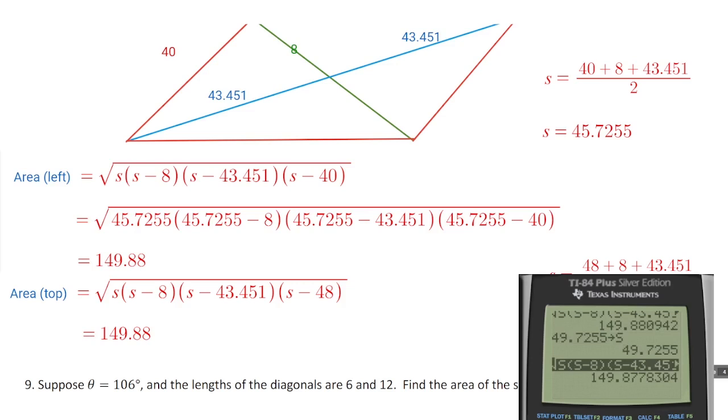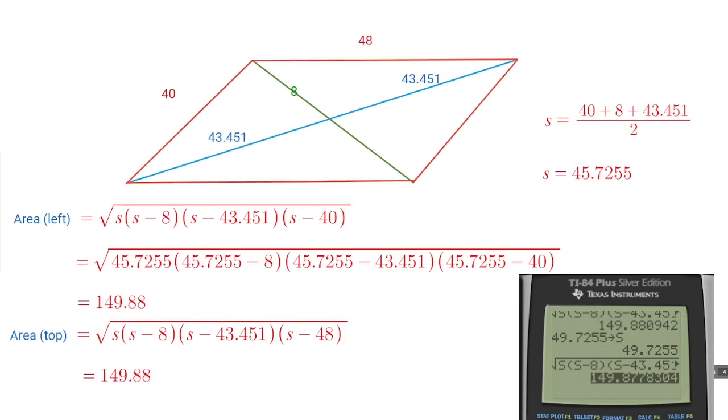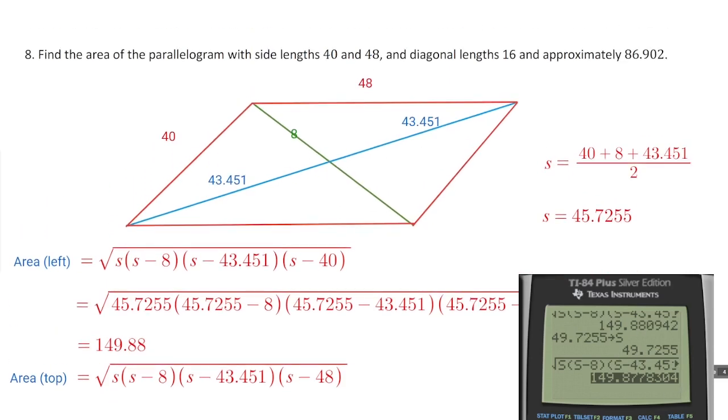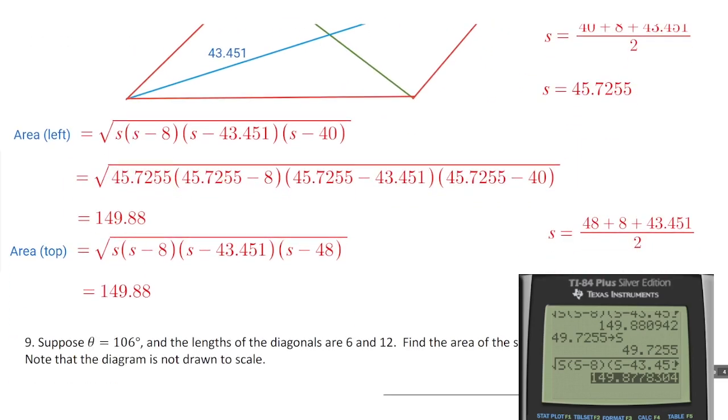If I'm just going to make a conjecture here, we would have to prove it outside of this, but I'm wondering if we do a couple of these problems, we're going to find with this parallelogram that all four of these triangles do in fact have the same area. That was a little unexpected. I did not expect that to happen, but maybe I should have.